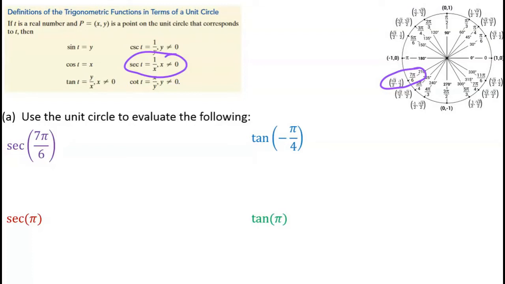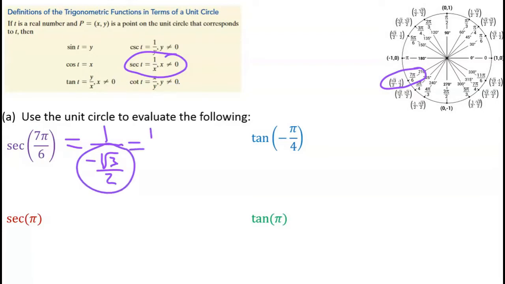So I go to 7 pi over 6, and I remember that secant is 1 over x. So this is going to be 1 over, and my x value at 7 pi over 6 is negative square root of 3 over 2. Now, I'm not allowed to leave my answer like that. This is what we call a complex fraction. So I need to invert this denominator and multiply.